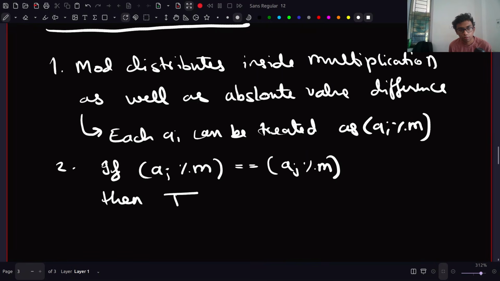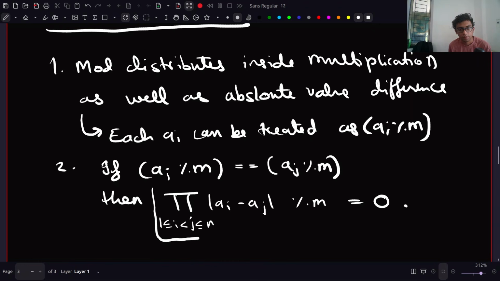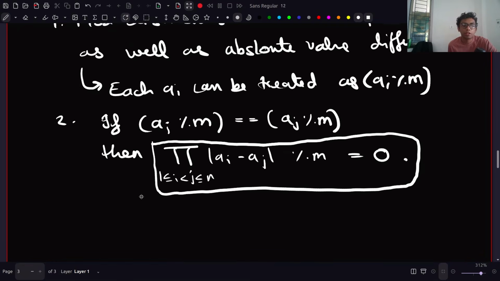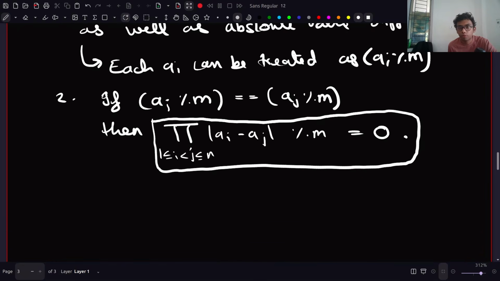Then we can write, over 1 ≤ i < j ≤ n, the product equals 0. Okay, so this is our second observation: if ever two elements have the same value with the mod, our answer is going to be 0. And pretty much if you make a check for this, this would be enough to solve the problem.